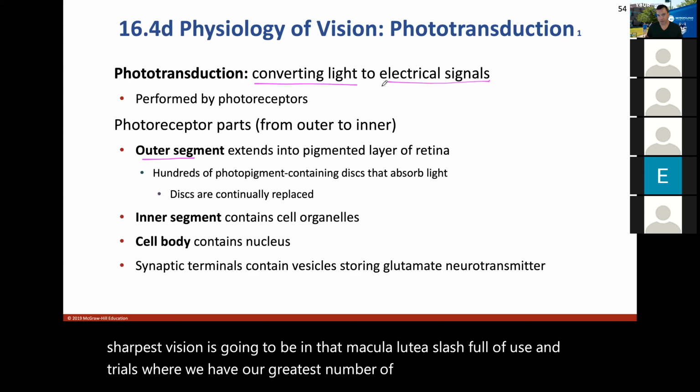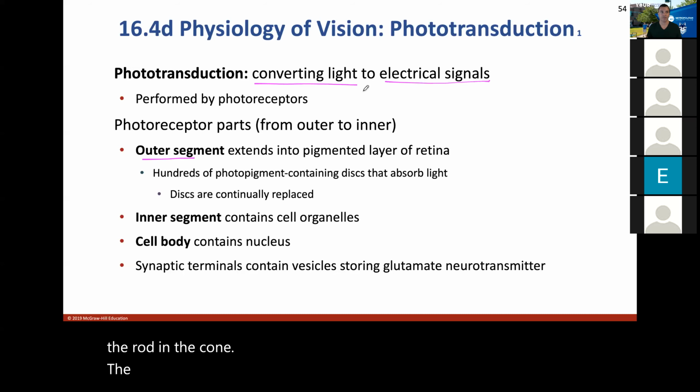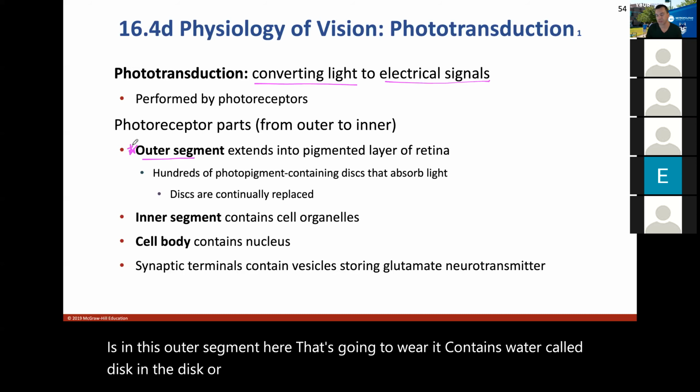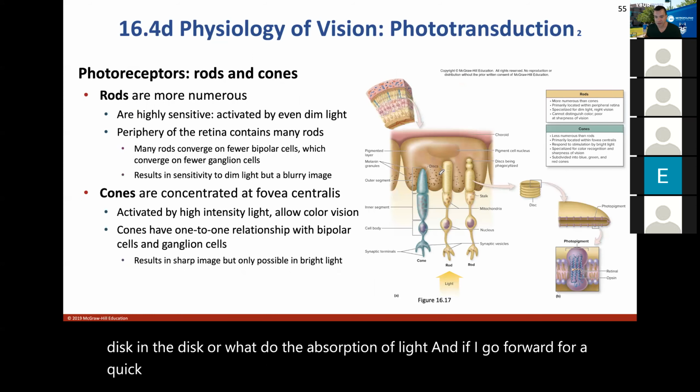When we look at the rod and the cone, the area where we have photopigments is in this outer segment. It contains what are called discs, and the discs are what actually absorb light. If I go forward for a quick second, here are these stacks of discs.